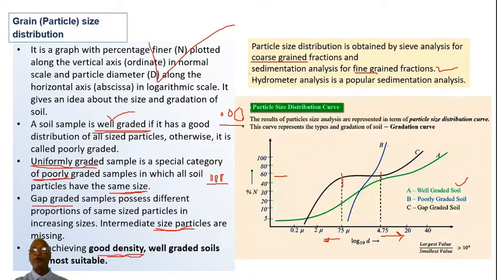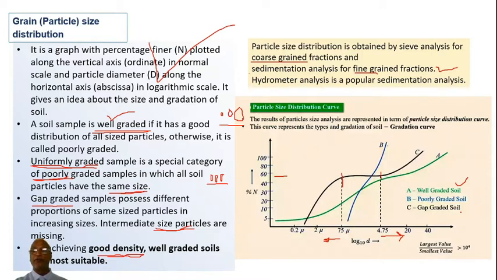That is a horizontal stretch of the curve, indicating that you don't have particles. So obviously there is a gap of this particular size range. That's why curve C is known as gap graded soil.